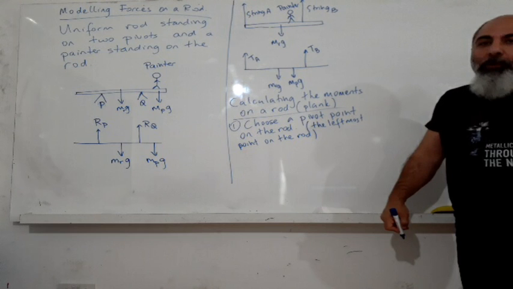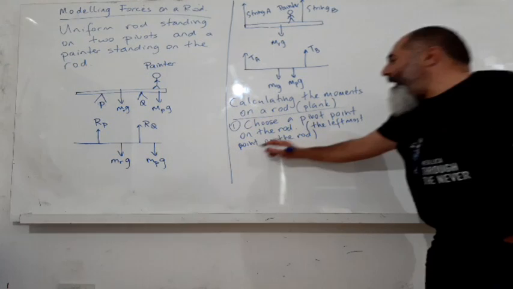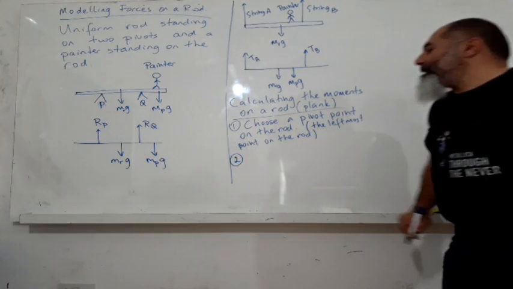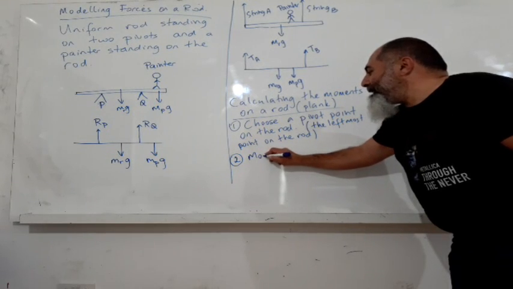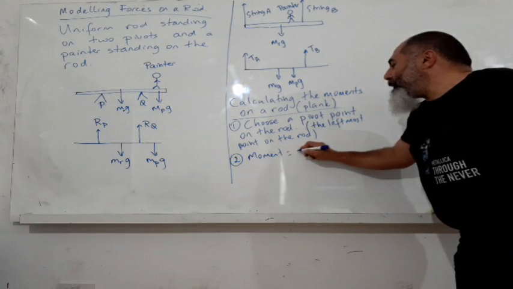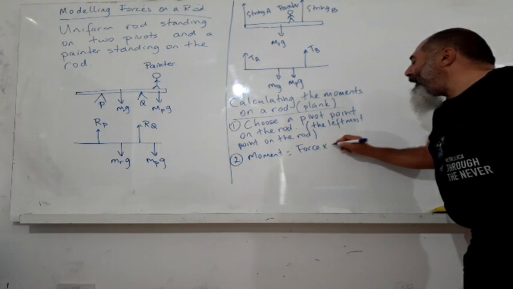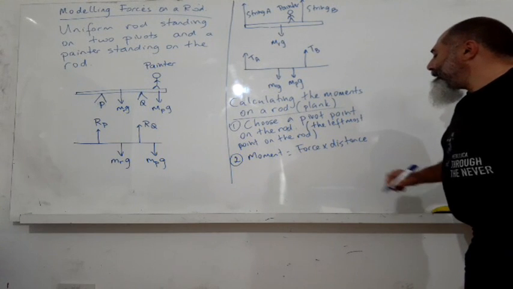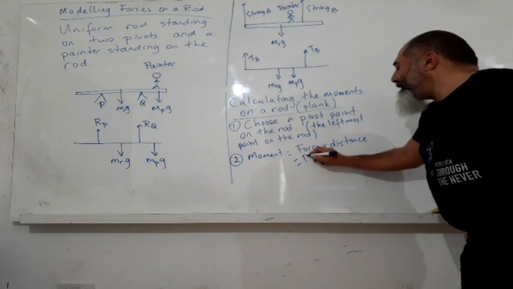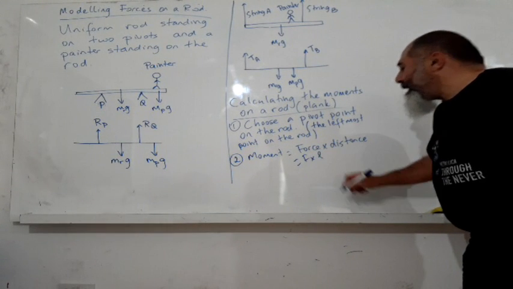And what is the second rule? Moment is equal to force times the distance, F times L. And this distance is the distance from the pivot point.